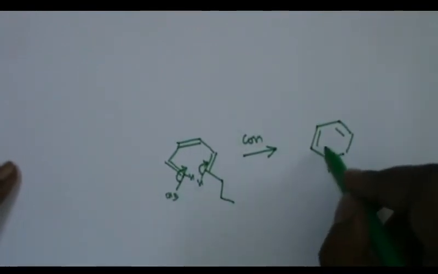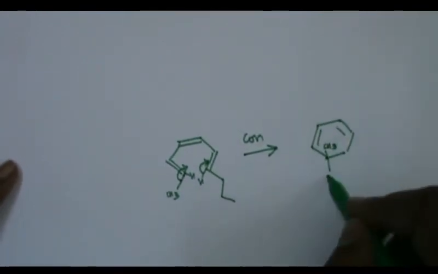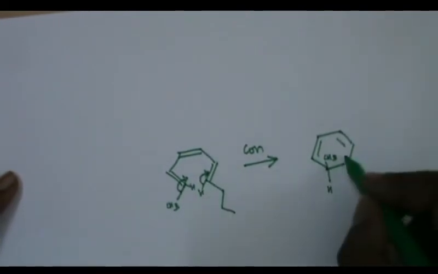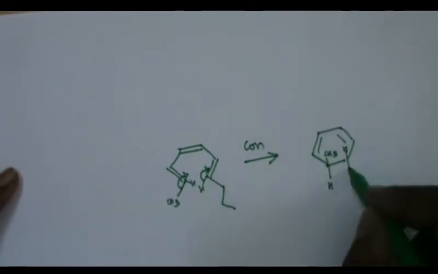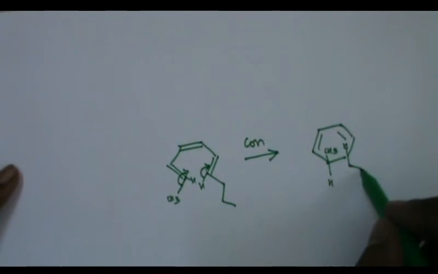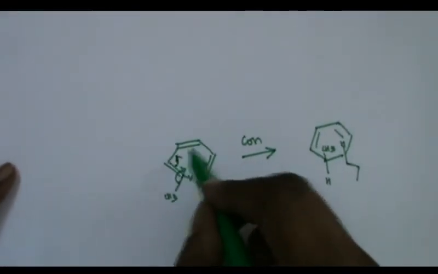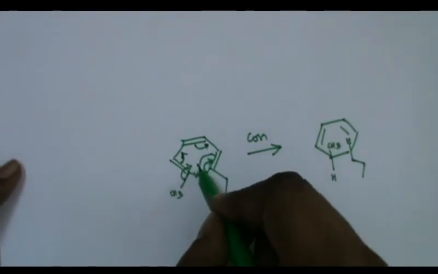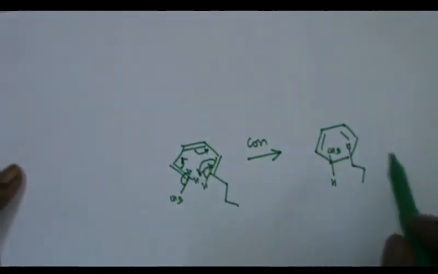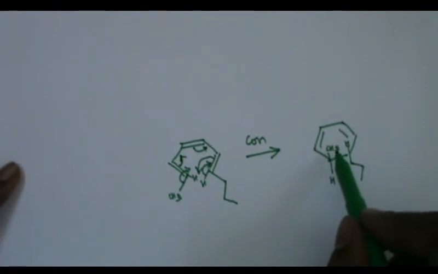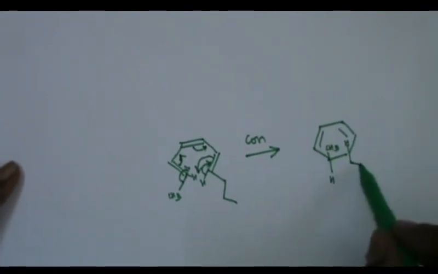CH3 goes to the top, hydrogen the bottom. Here hydrogen goes to the top, and here. So this is how it happens. If you look at the stereochemistry, the methyl and this propyl groups, they are trans.